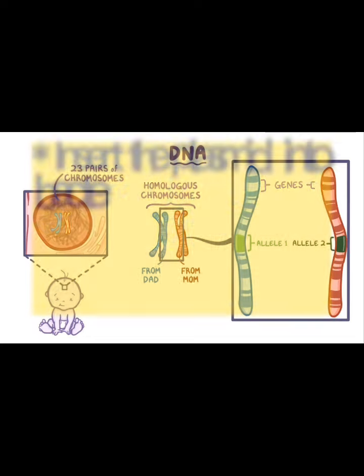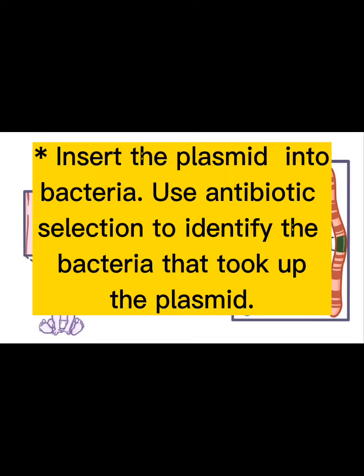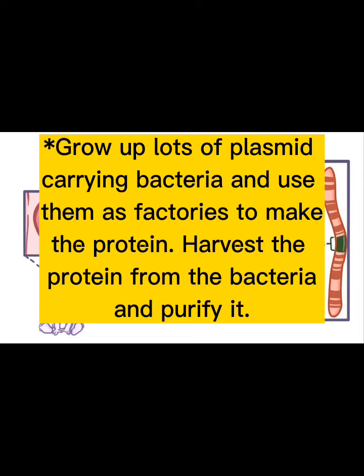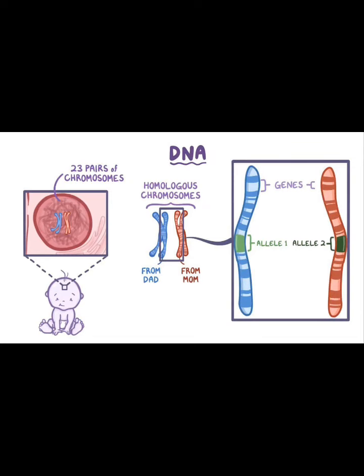Second, insert the plasmid into bacteria. Use antibiotic selection to identify the bacteria that took up the plasmid. Third, grow up lots of plasmid-carrying bacteria and use them as factories to make the protein. Harvest the protein from the bacteria and purify it.